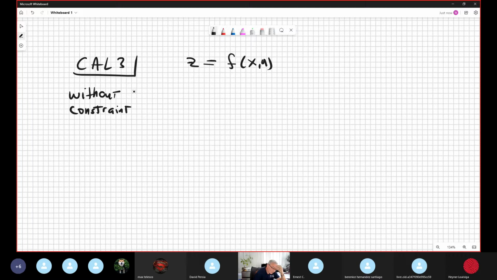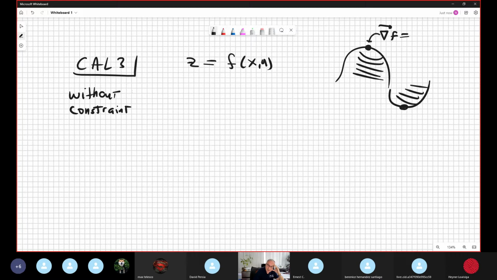To determine the critical values, take any surface, like that. Suppose this is a local max and a local min. The gradient at this point is the zero vector, yes or no? And the gradient at this other point is also the zero vector.